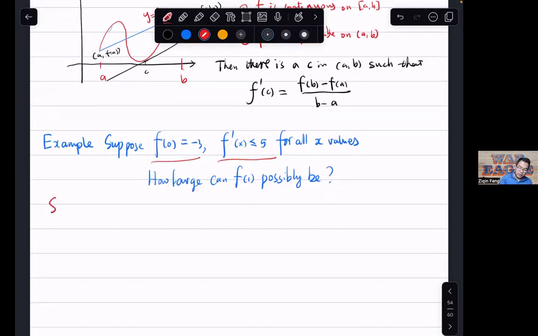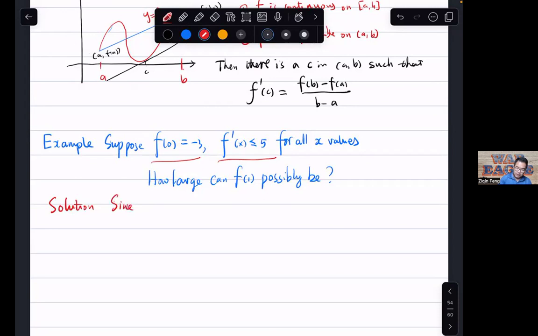Solution. Let's try to check our assumptions. As I said, if the assumptions are not satisfied, the conclusion you obtain will be wrong. In many cases, it will be wrong.